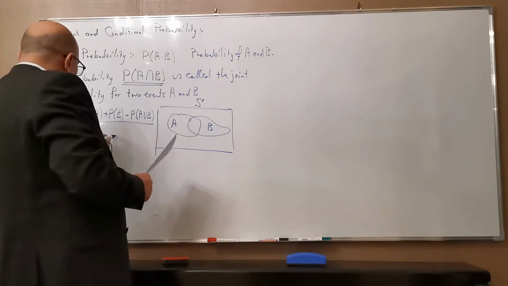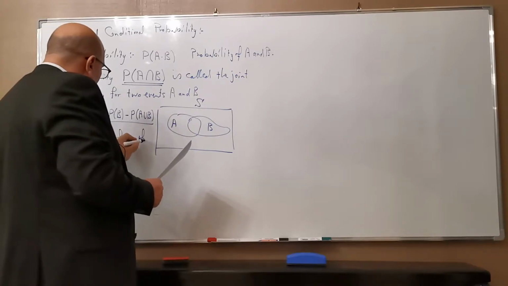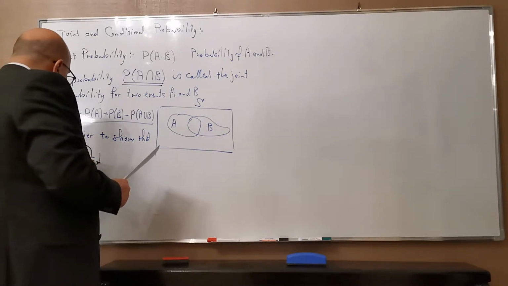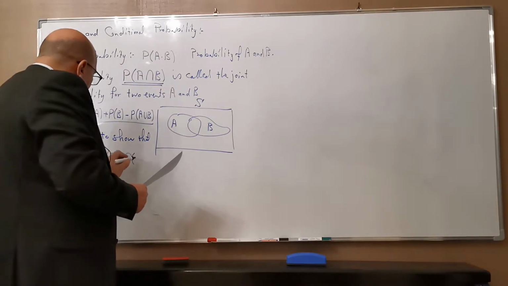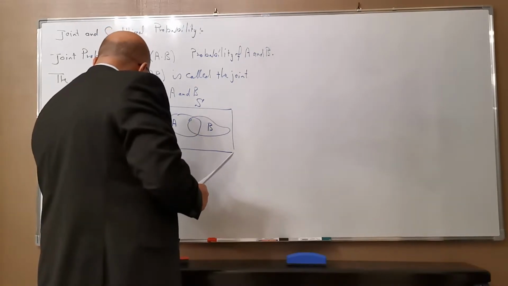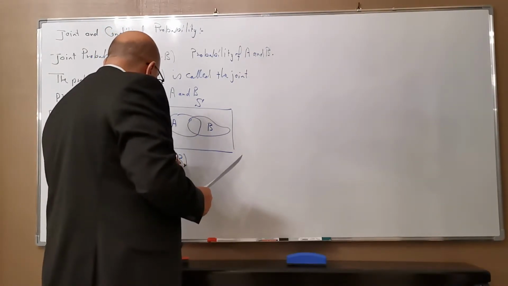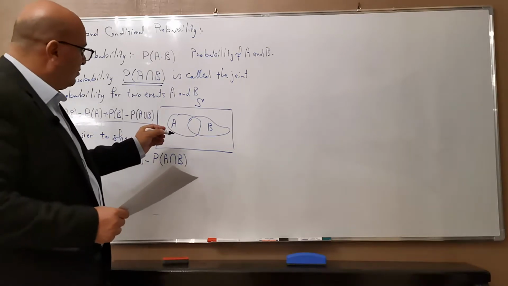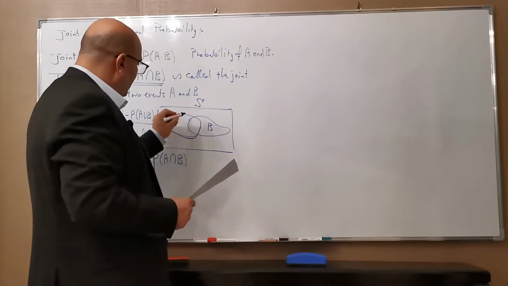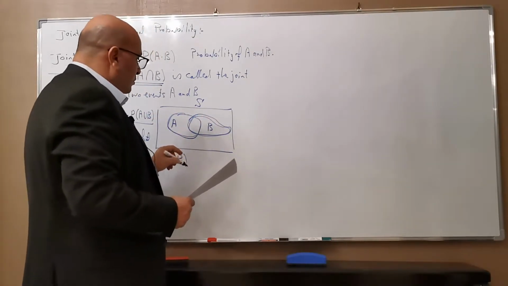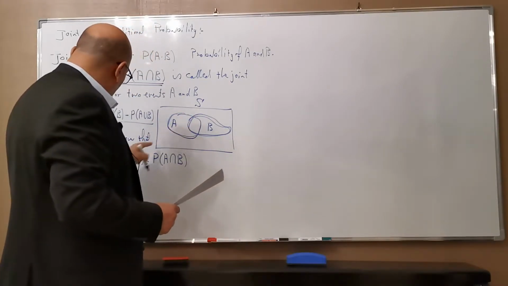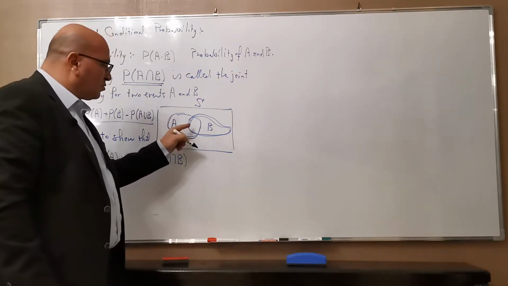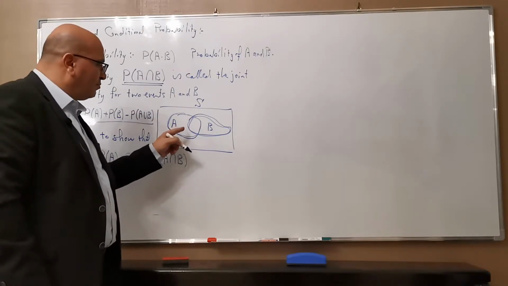It's easier to show that the probability of A union B is equal to the probability of A plus the probability of B minus the probability of A intersection B, or probability of A and B. This one is much easier to see, because the union means that you will have the probability of A plus the probability of B. So when you do the union, you will just put the common events between A and B once.